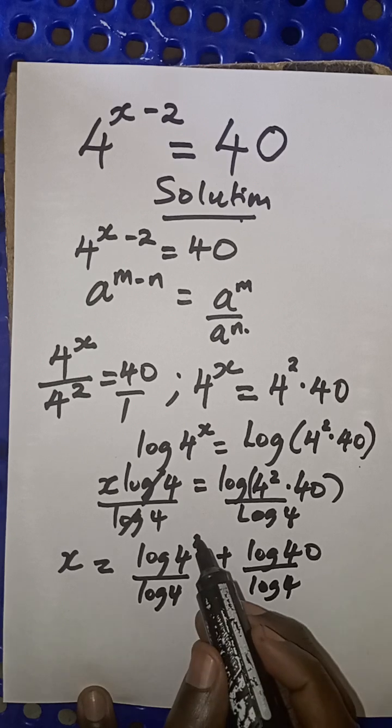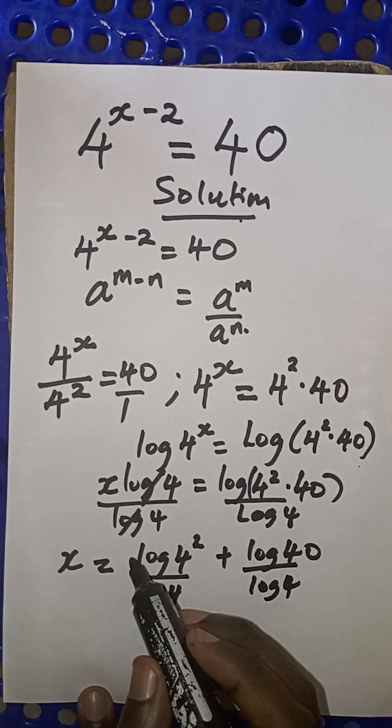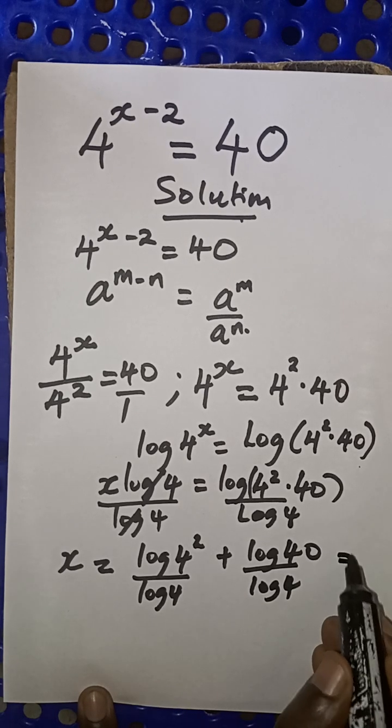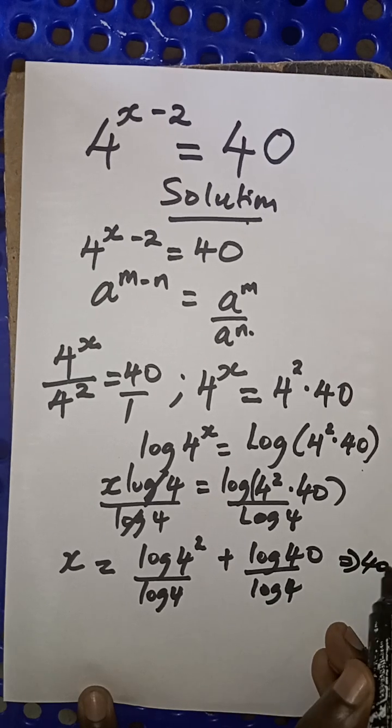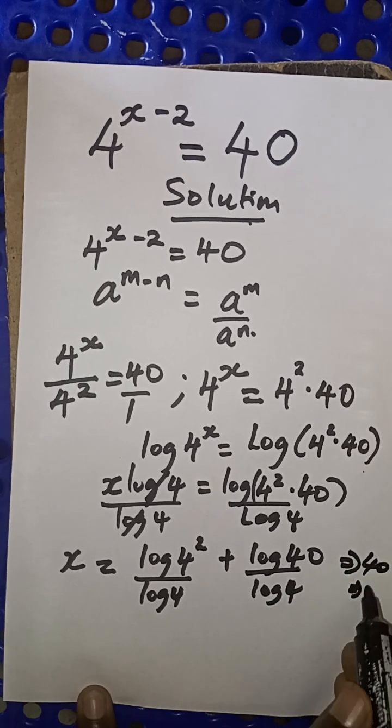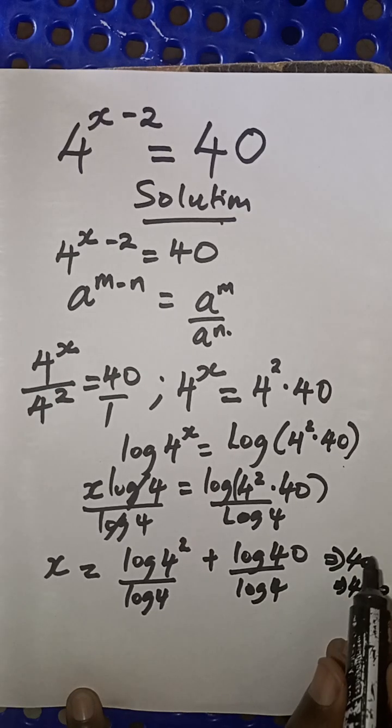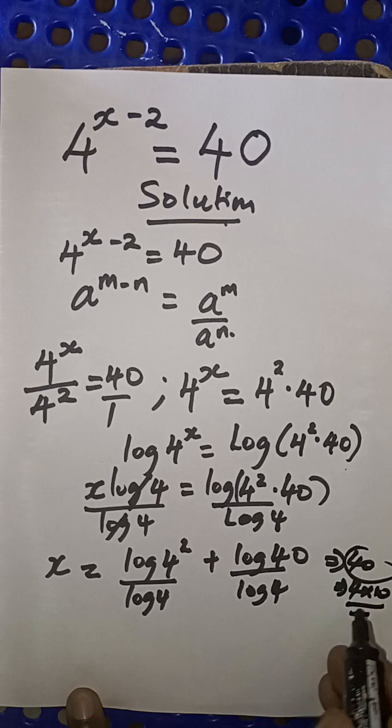At this stage, 2 can come down. And then I'm going to express 40 as 4 times 10. 40 can be written as 4 times 10.